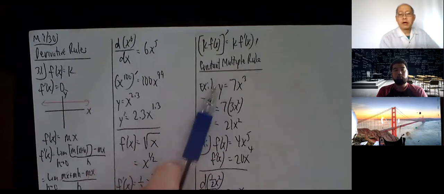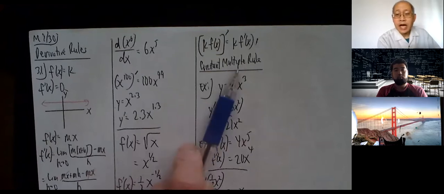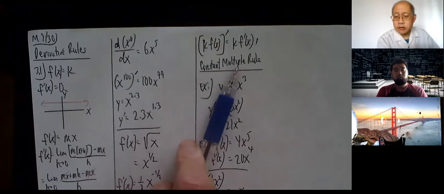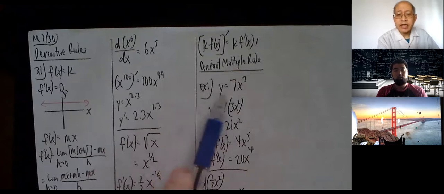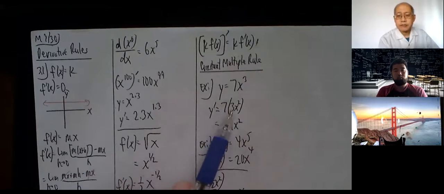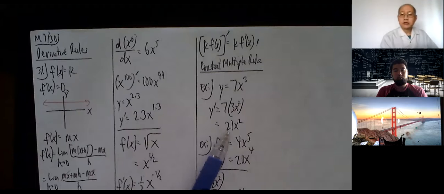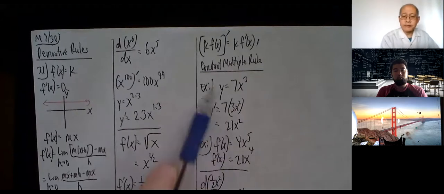Now we can differentiate 7x cubed. I know how to take the derivative of x cubed now, 3x squared. How do I differentiate 7x cubed? This rule says it's 7 times the derivative of x cubed, which I know is 3x squared. And then 7 times 3 is 21x squared. So now we know how to handle polynomials of this type.